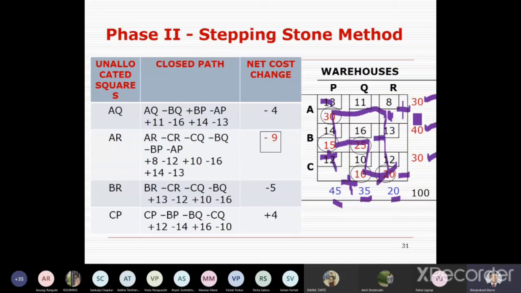Use alternate plus and minus signs for the costs, and by using these figures find the net cost for each and every unallocated cell. So like this we have to repeat the steps. Is it clear?